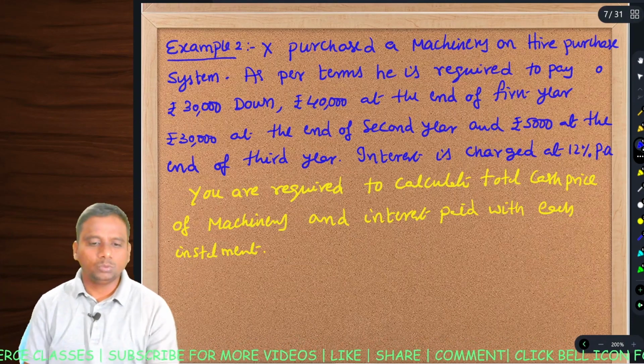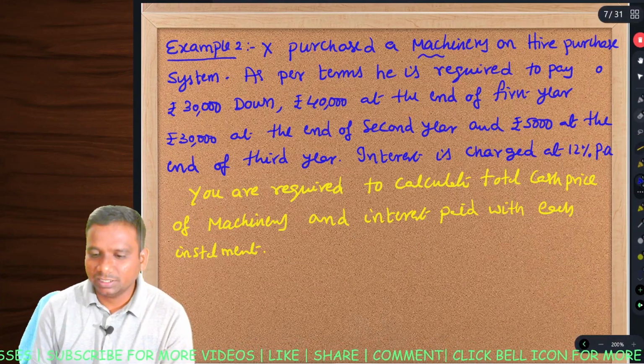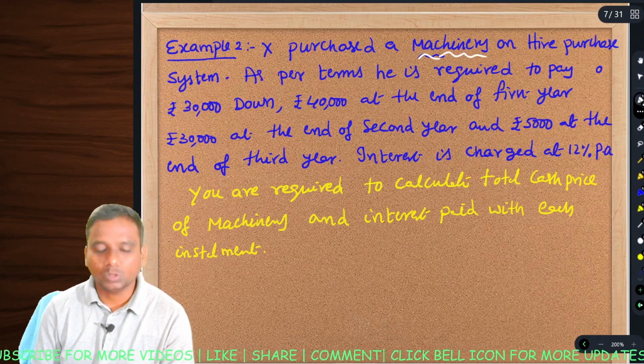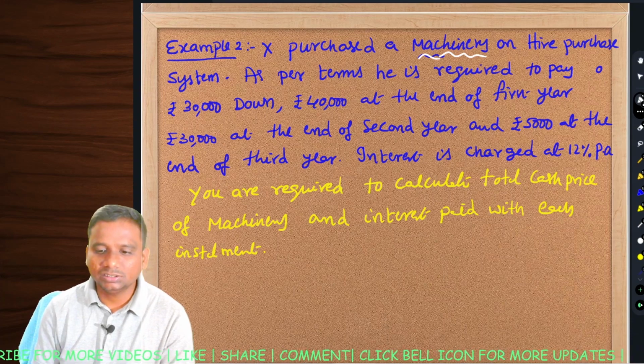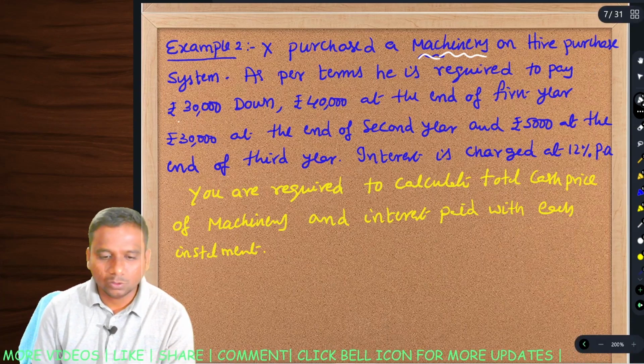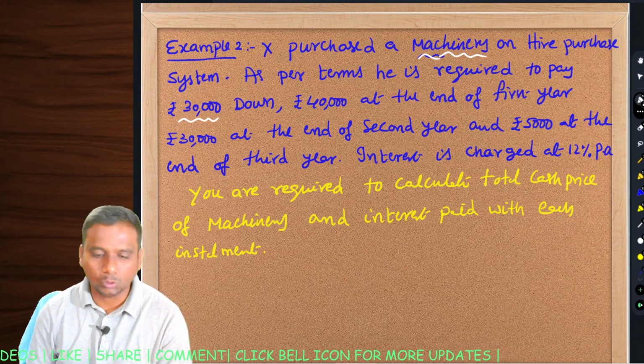Now we'll take one example to understand this concept. Look at example 2. X purchased a machinery on hire purchase system. As per terms, he is required to pay rupees 30,000 as down payment. See, down payment is always given in the problem, don't worry.